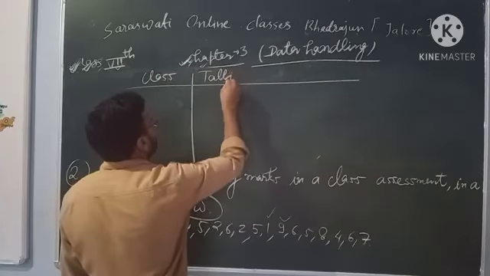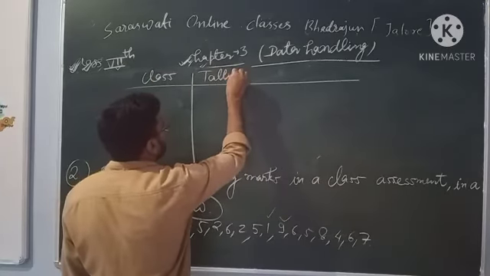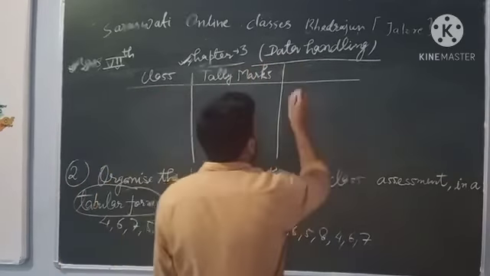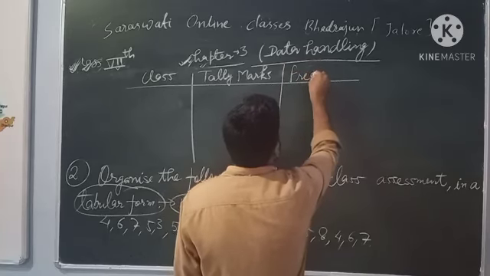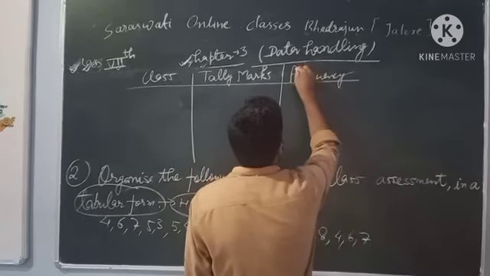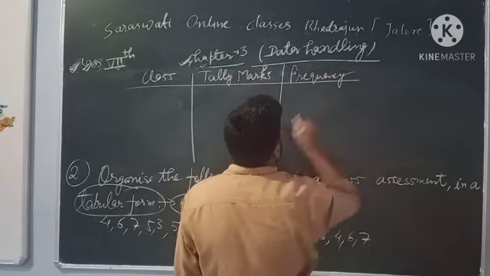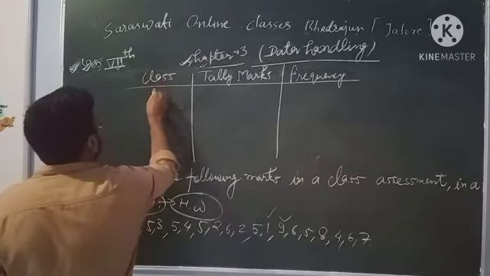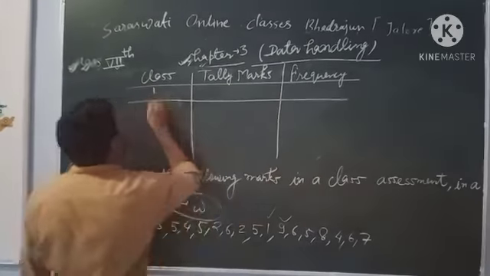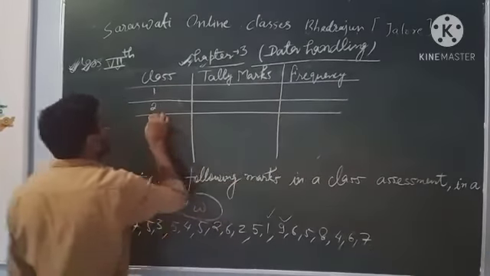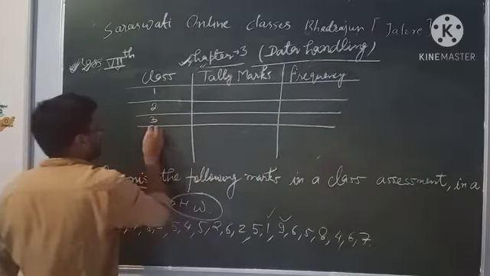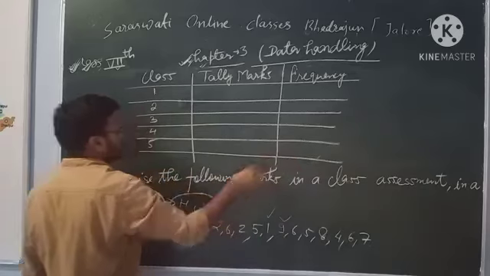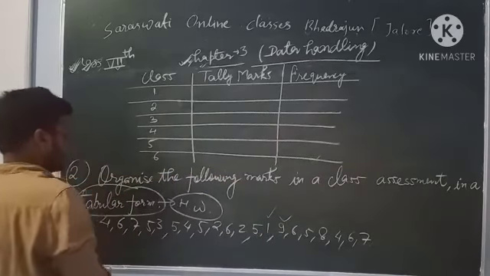Here tally marks will come, and in the end over here frequency will come. Class, first class, and there second also is there, third, fourth, fifth, and sixth one is as well over there.